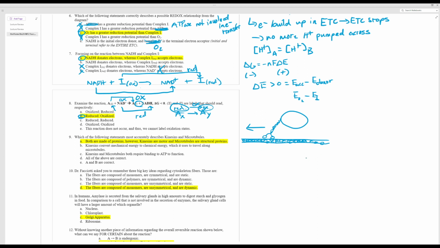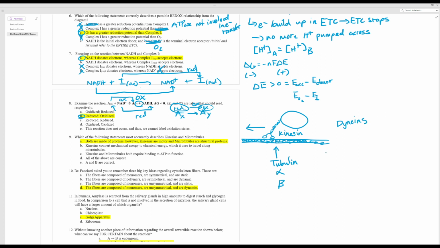Microtubules are made of tubulin, of which there are both the alpha and beta conformations of tubulin. Okay. Versus kinesins, which are your motor protein. Now, microtubules will also use dyneins.